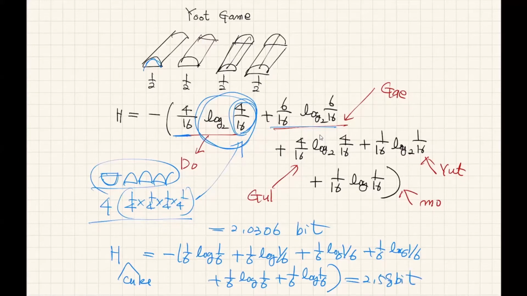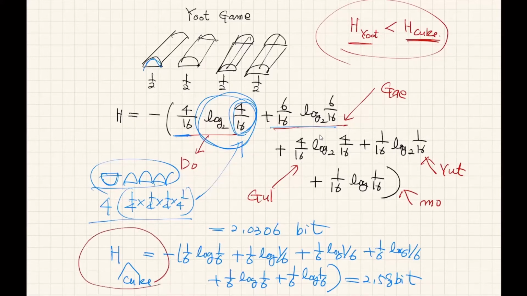My point is that the entropy of the Yut game is smaller than the entropy of the cube. That means that when you are throwing a cube, all 6 faces are uniform. So it has a little bit higher entropy number.